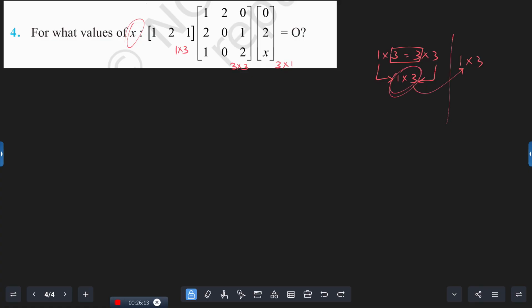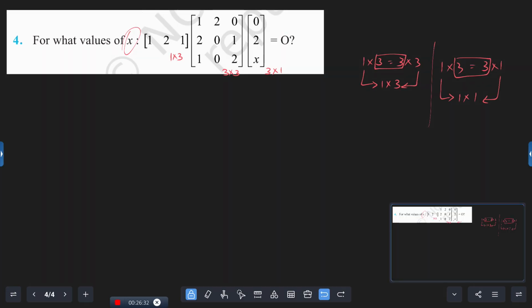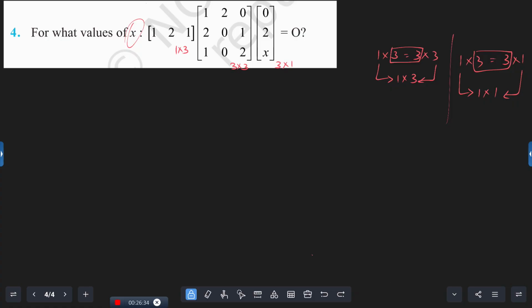The last one, what pa? 3 by 1. This must be same. Yes, same. Then your answer will be 1 by 1. Now one element you will be getting. The one element also must be what they are telling? 0. It must be 0.